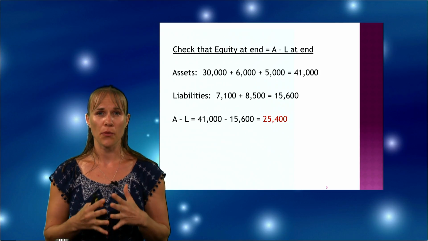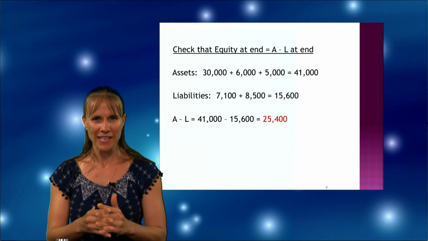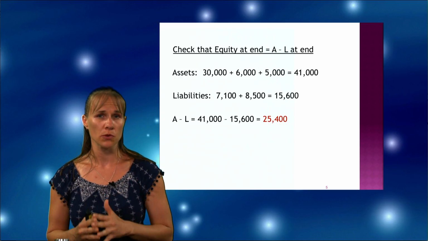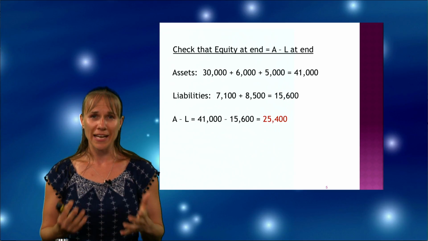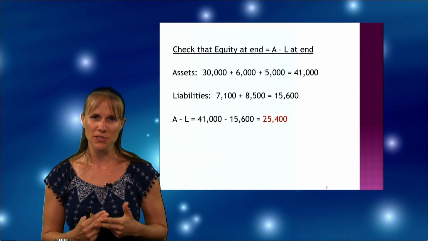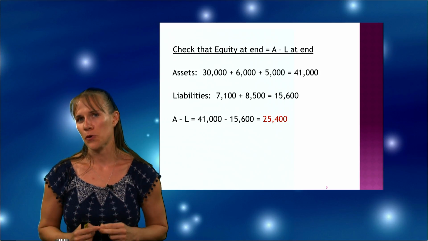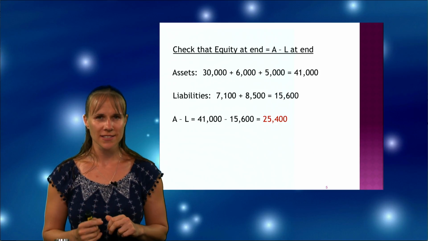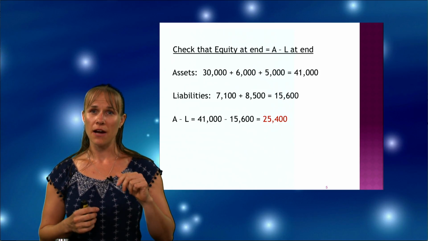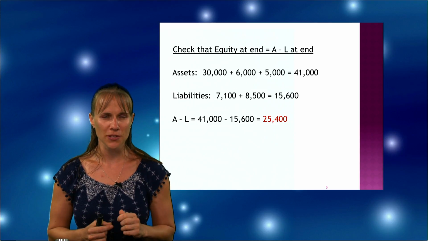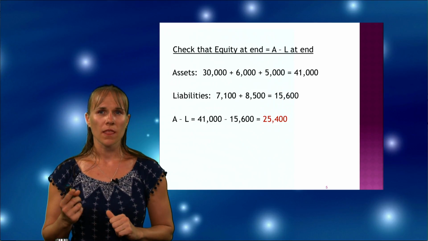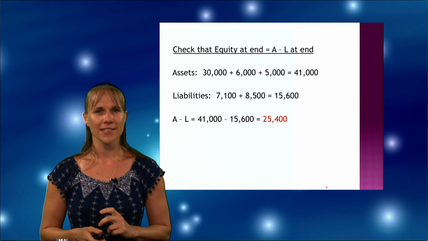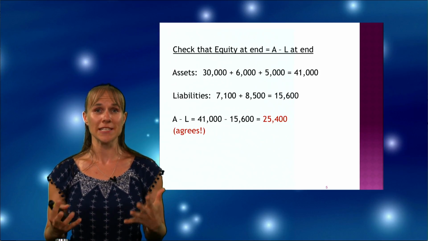We can put those figures into our accounting equation, rearranged such that we will find out what equity is. As we know, as long as we have two inputs, we can find out our third number. So here we have assets of $41,000. We subtract liabilities of $15,600, which gives us owner's equity of $25,400, which is a match.